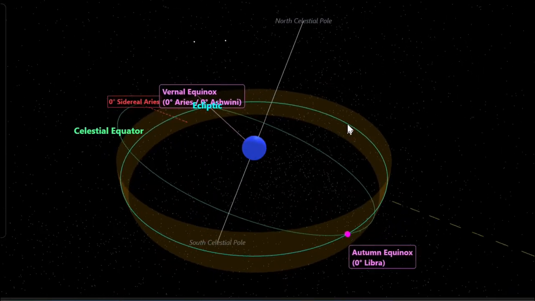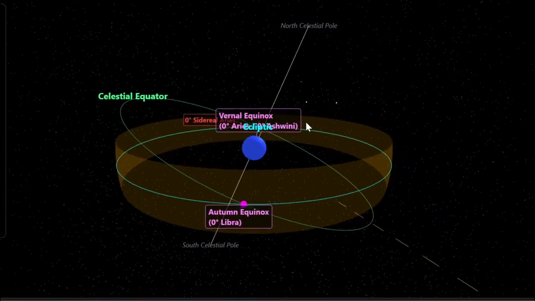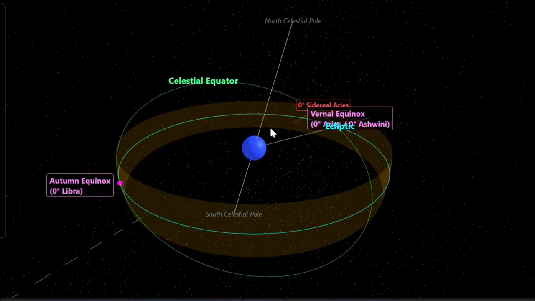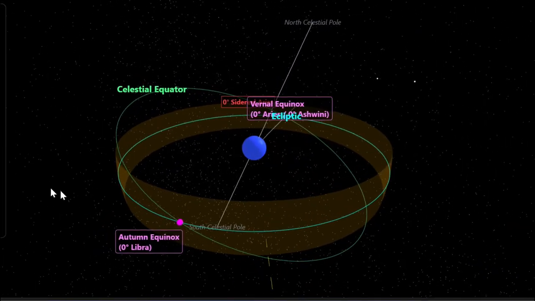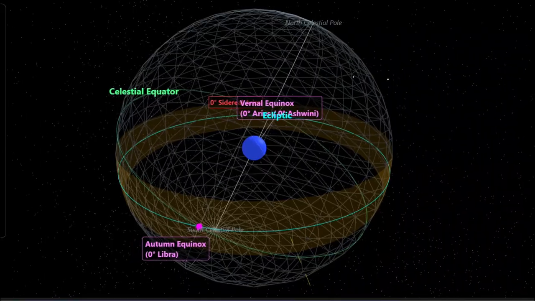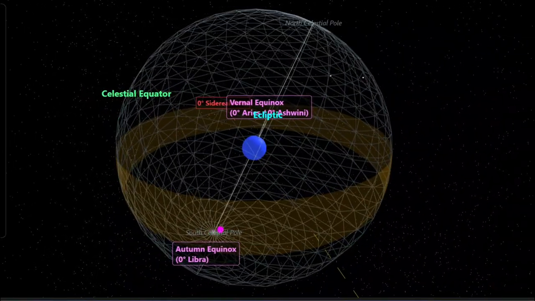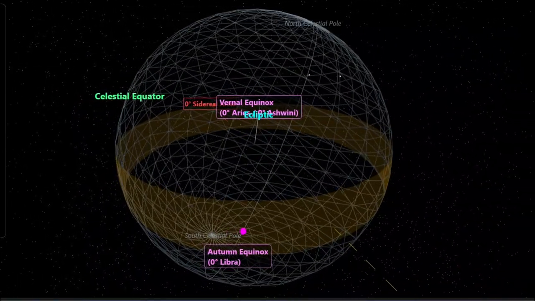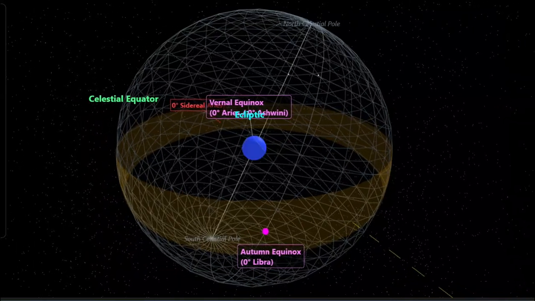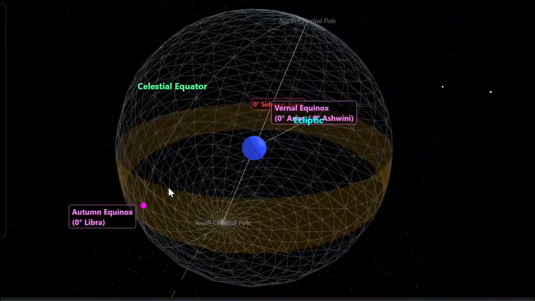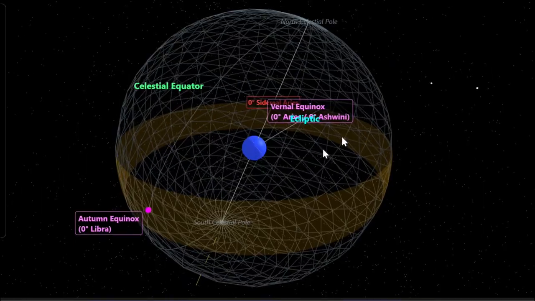Now, what we have done is, we have made something known as celestial sphere. What is celestial sphere? We have made an imaginary sphere around the earth. The center is earth.